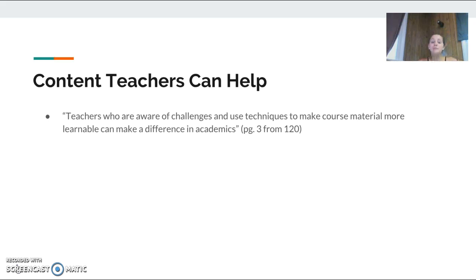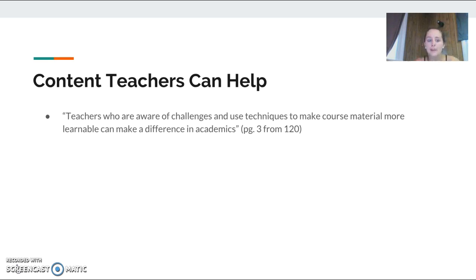Something that I did gather from the 120 strategies is that content teachers can help. Even though you're not teaching English to your English language learners, it is important that you use certain strategies in your classroom that will help these students, because if you're just teaching them as if they were any other student in your classroom, they are not going to get their full potential.